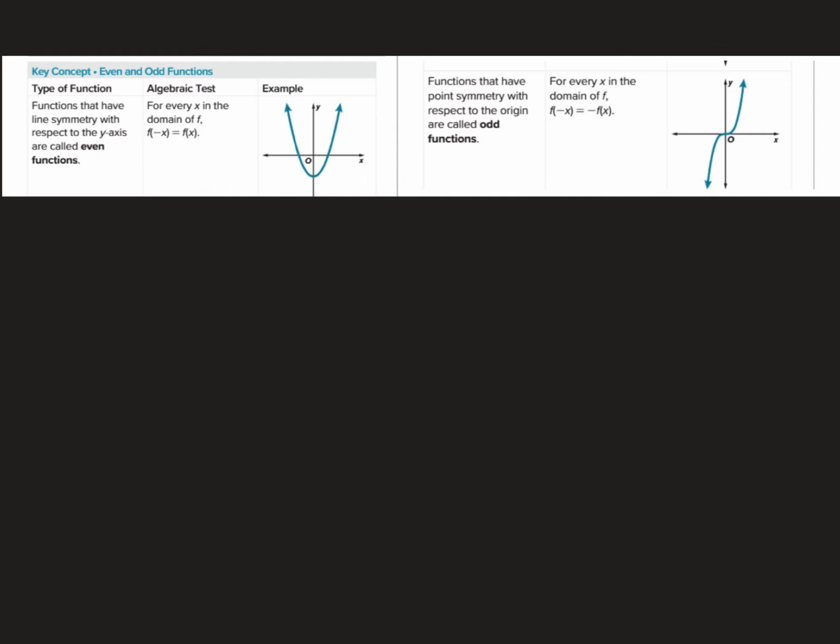One thing for sure that I know about even functions is that the ends point in the same direction. That's the Mrs. Bibbs quick version of even functions. Ends point in the same direction. And odd functions, the ends point in opposite directions.